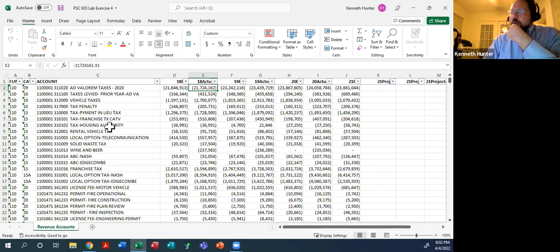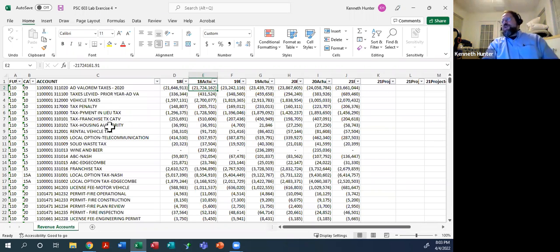The next column over, column E, shows the full year actual revenue in fiscal year 18. And then the same information is shared for fiscal years 19 and 20. So you have 18P9, 18 actual, 19P9, 19 actual, 20P9, and 20 actual. So you have full information for the past 3 full fiscal years of where revenues were at the end of March and where revenues were at the end of the given fiscal year.